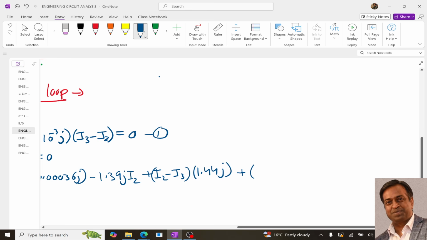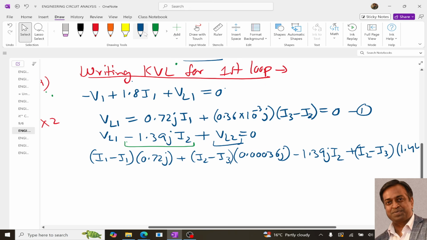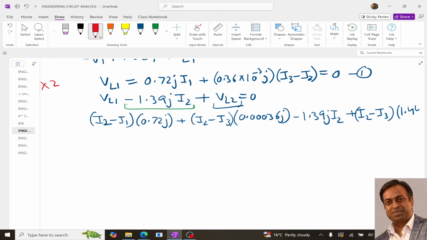Now over here, take all the I1 together, I2 together, and I3 together. What we will get? Okay, so the first expression is I2 minus I1, right? So over here I need to put it as I2 minus I1. Let me take I1 first.